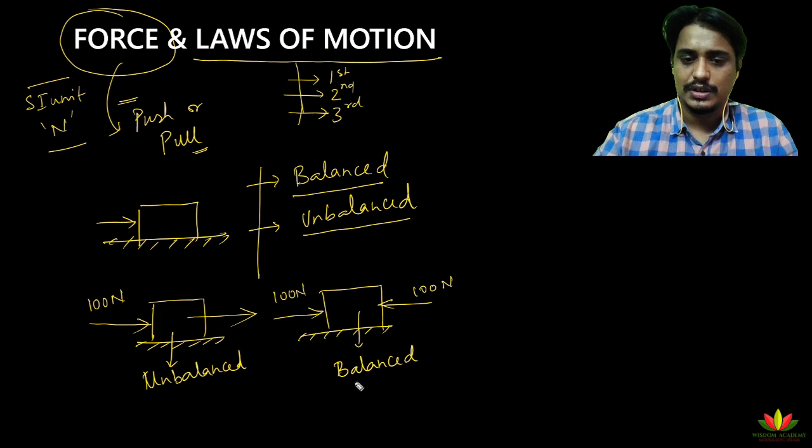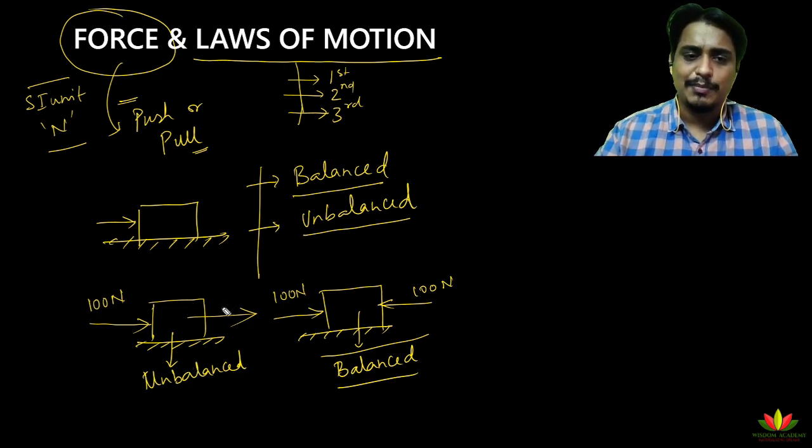So how to define that? Balanced force is a condition when equal and opposite forces are applied on a body, and in the case of balanced force the body does not move, whereas in the case of unbalanced force unequal forces are applied and the body tends to move in the direction in which the higher force is applied.